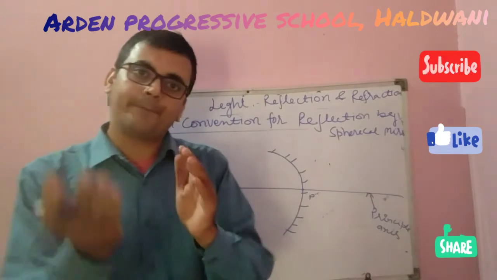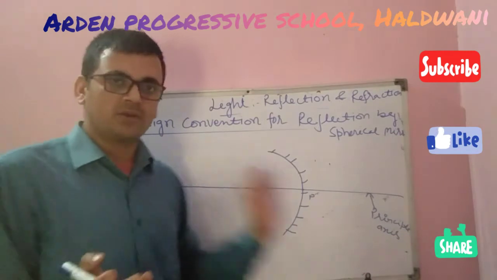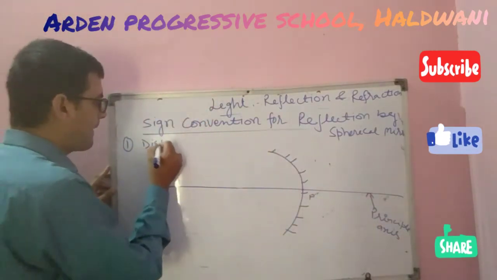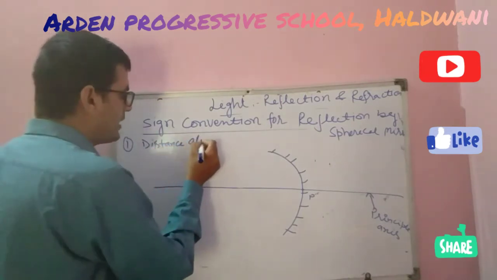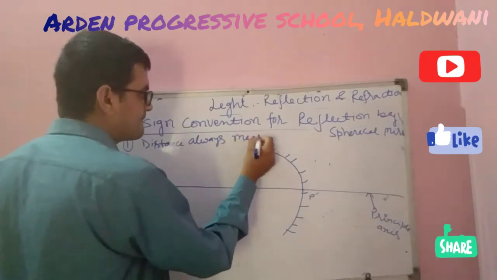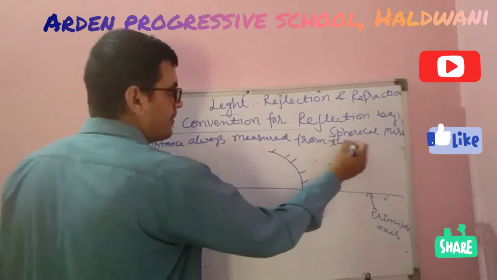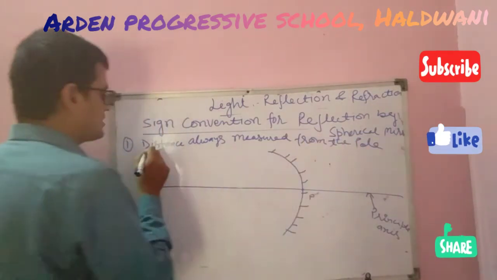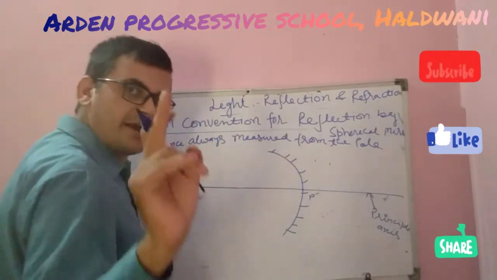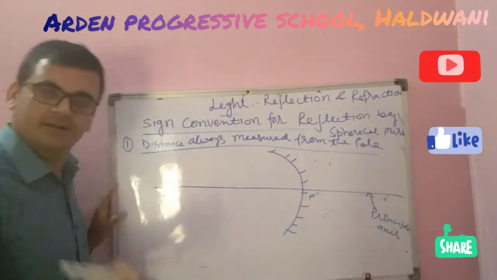We have to count zero at the pole, then increase to this side or this side. Distance must always be measured from the pole. This is our first point.